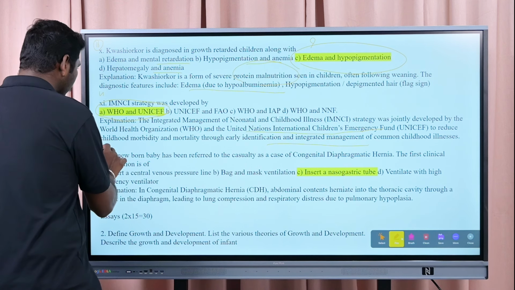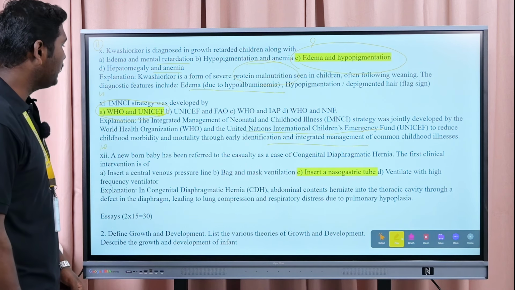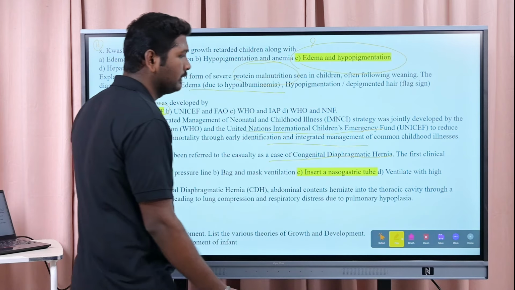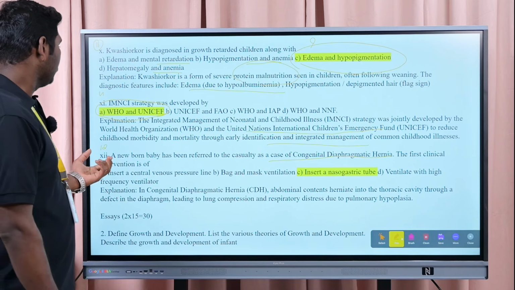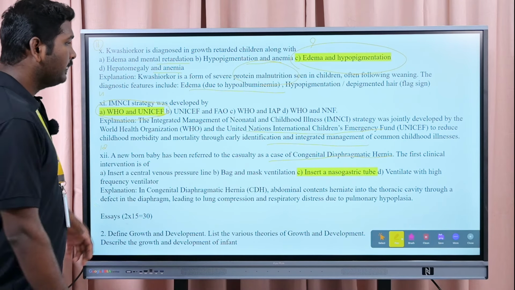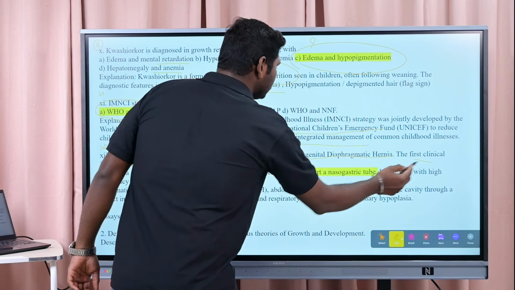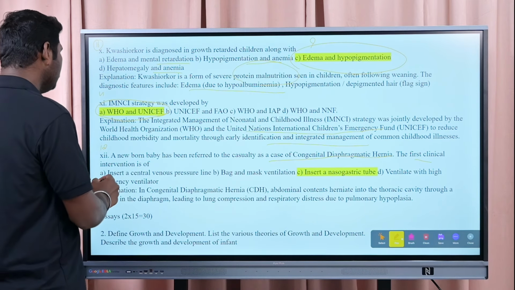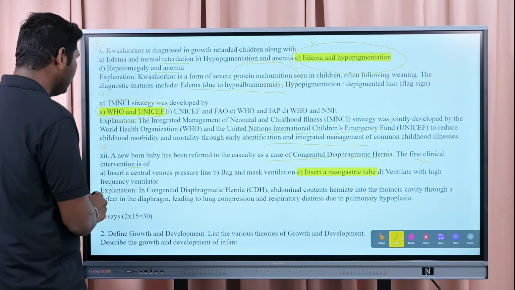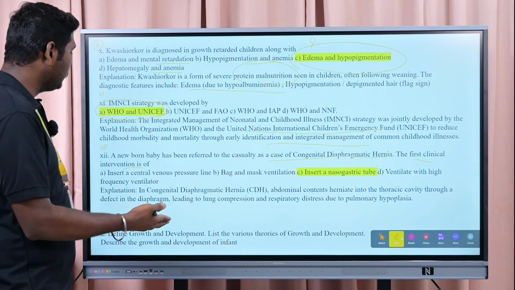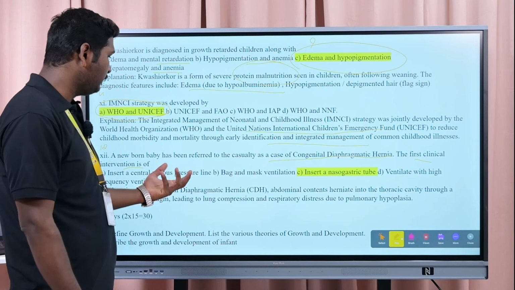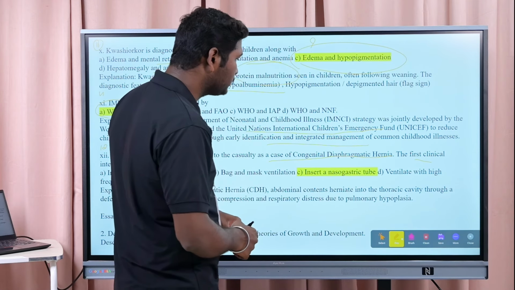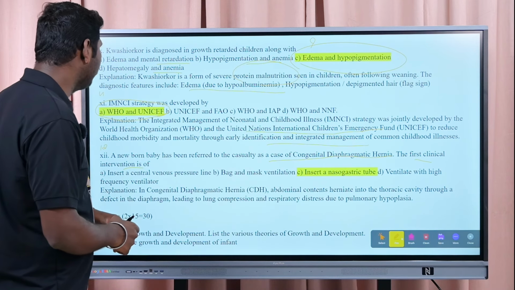Next is the 12th MCQ. A newborn baby has been referred to a casualty as a case of congenital diaphragmatic hernia. This is a congenital disorder. What is the first clinical intervention for this CDH? A, inserting a central venous pressure line, that is a CVP line; B, bag and mask ventilation; C, inserting a nasogastric tube; or D, ventilate with a high frequency ventilator.